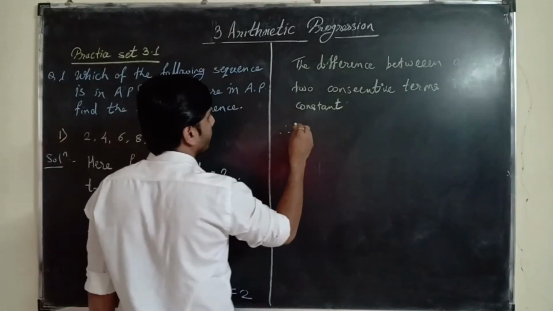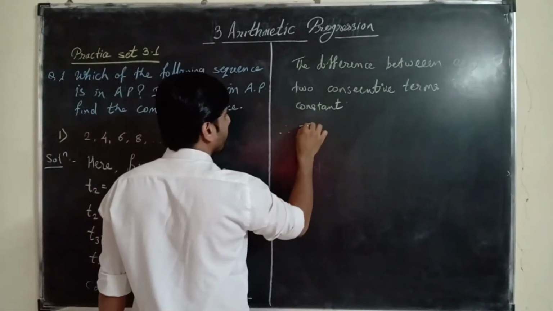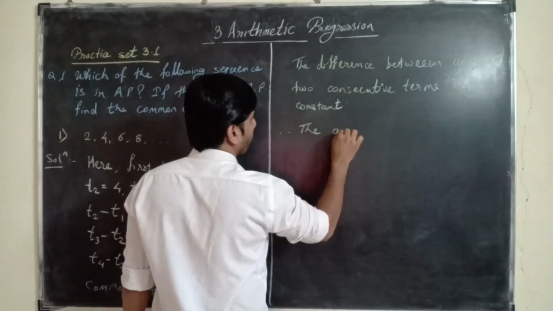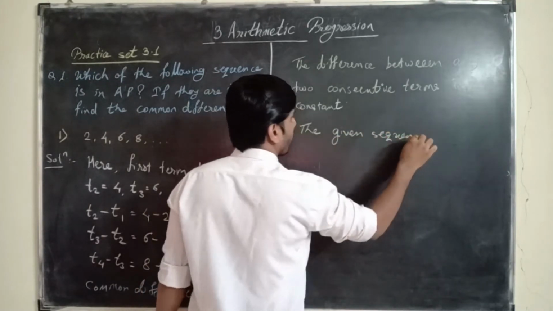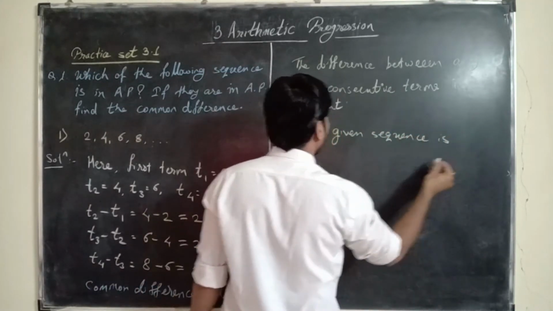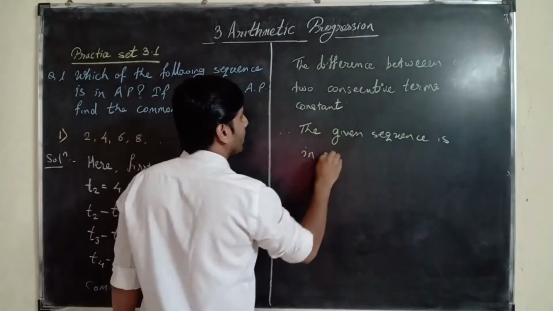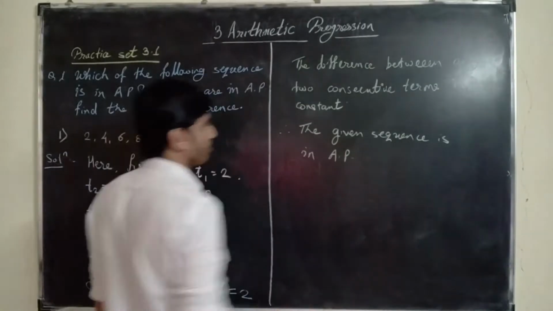Therefore we can say the given sequence is in AP, that is, arithmetic progression.